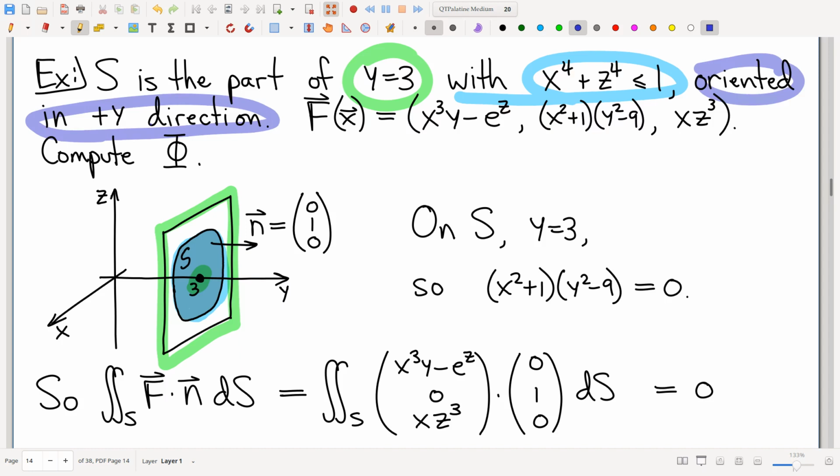And now let's just think for a quick minute here before we get into the plug and chug of it all. I'm looking at a surface that's sitting inside of a flat plane. That means that my surface is flat. It's got a weird edge to it, but the surface is flat.